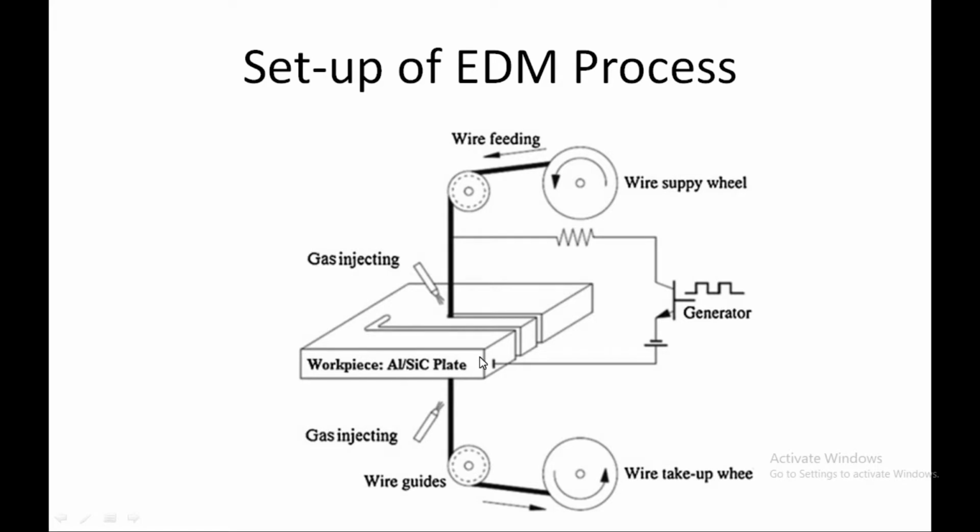We transfer electricity through the workpiece material, and only if it conducts that electricity can we produce the spark in the region where the electrode and the workpiece maintain the specified distance, and that spark helps in removing the material from the surface.